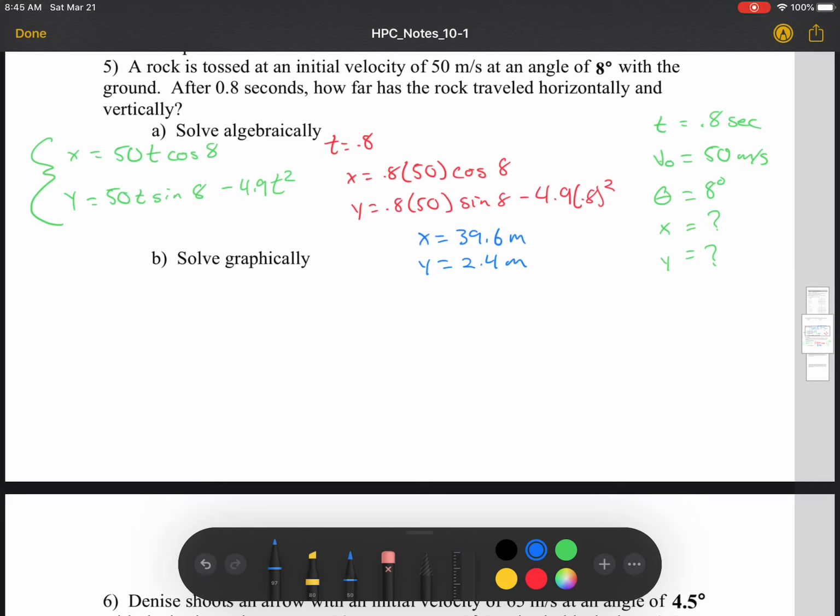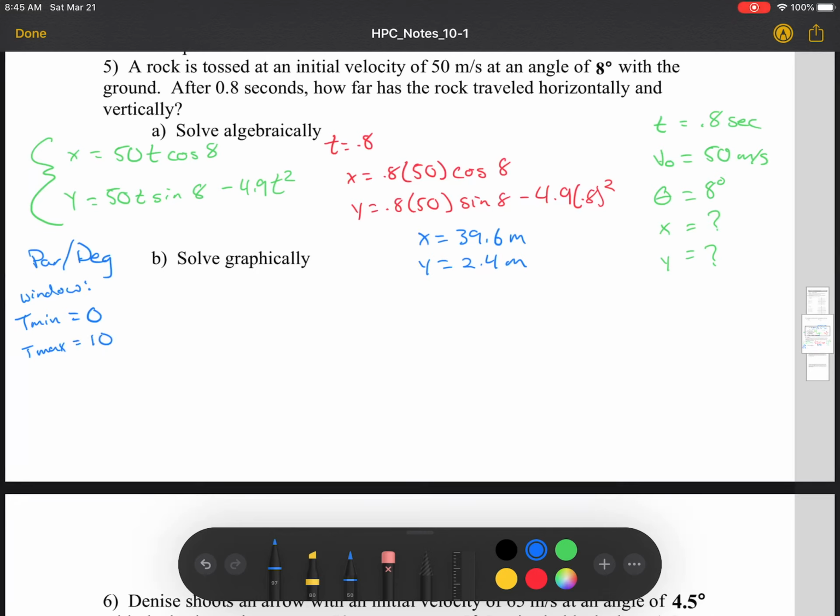Now for part B, they want you to solve it graphically. Remember, you want it in parametric and in degrees. Remember our window. Our T min should equal 0, our T max should equal 10.